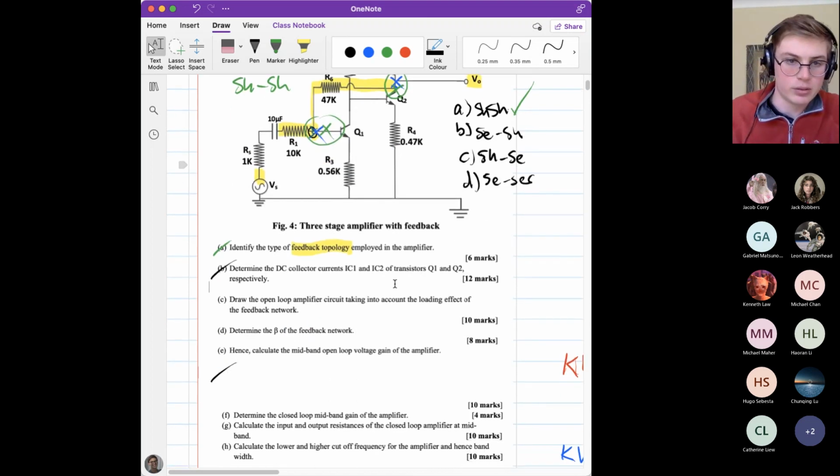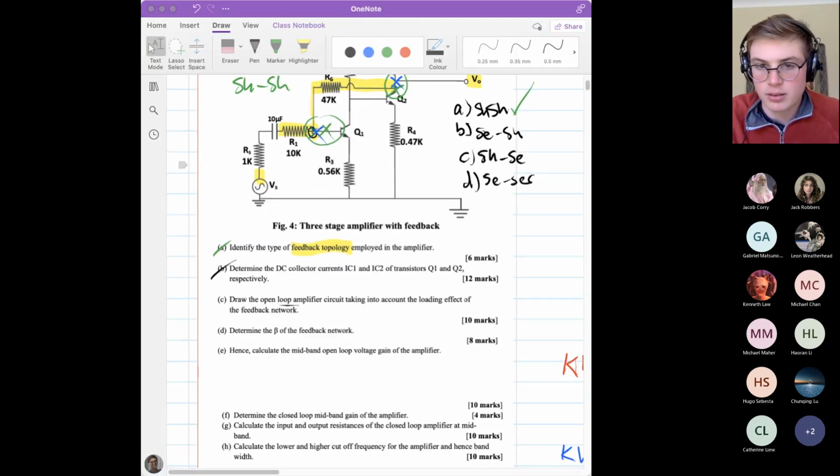Cool. Okie doke. So now the fun stuff. We're going to start looking at the open loop amplifier, taking into account the loading effect of the feedback network. Open loop amplifier.